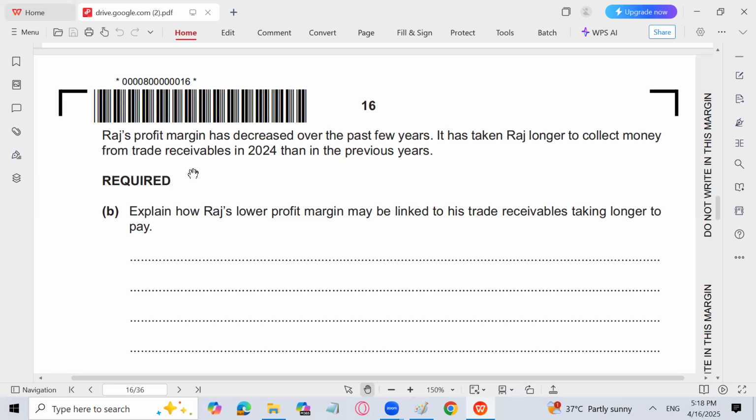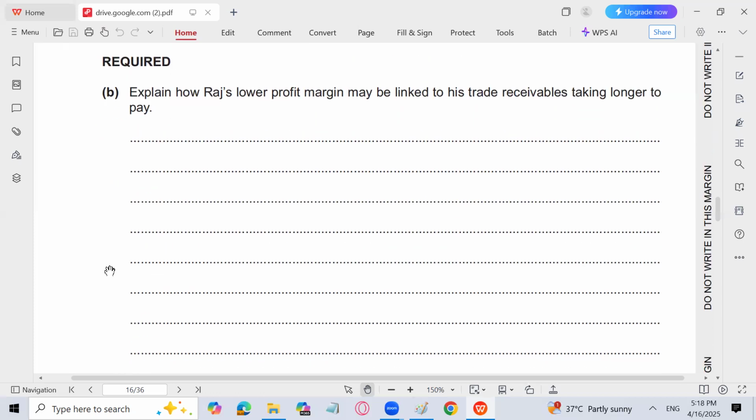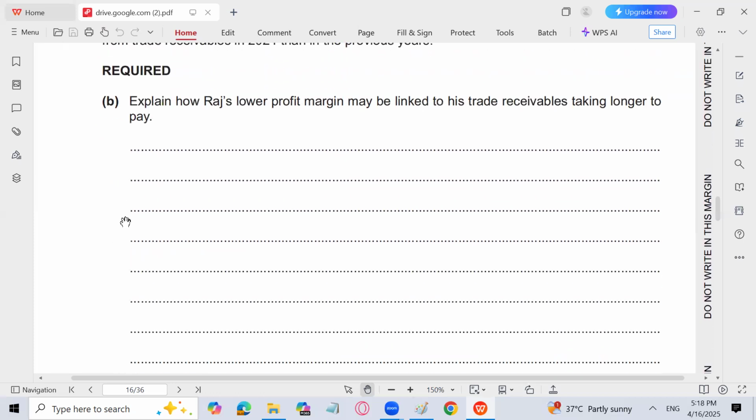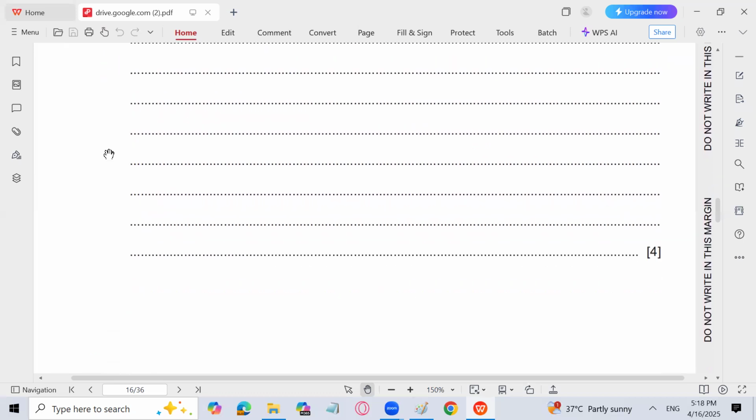And bad debts are also increasing. That will also result in the increase in expenses and lower profit margin. So this is how your profit margin is linked with the trade receivable taking longer to pay, right? So this is the reason that Raj's lower profit margin is linked with his trade receivable taking longer to pay them.